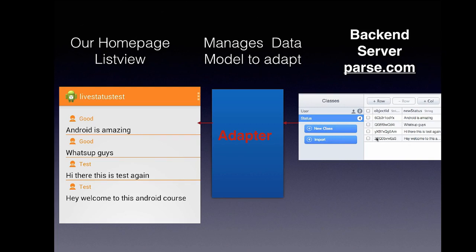The status objects, like this one with an object ID, new status, and the username, and all that. That is an object. So an adapter has a method called getView in it that always adapts objects into a specific row in a list view. So it adapts one object into each row using the getView.